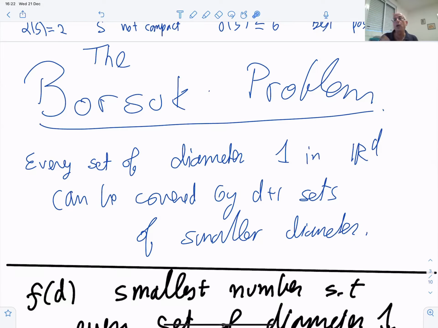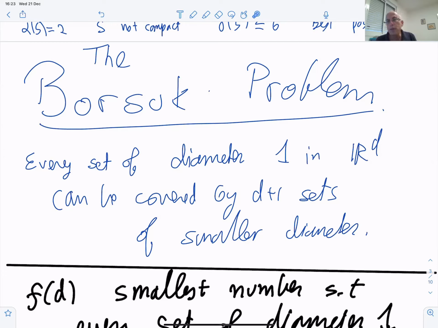And the unit ball, by the isoperimetric result, is the set of maximum volume among all sets of fixed diameter. So this leads to the conjecture that this will be the worst possible in terms of covering by sets of smaller diameter.